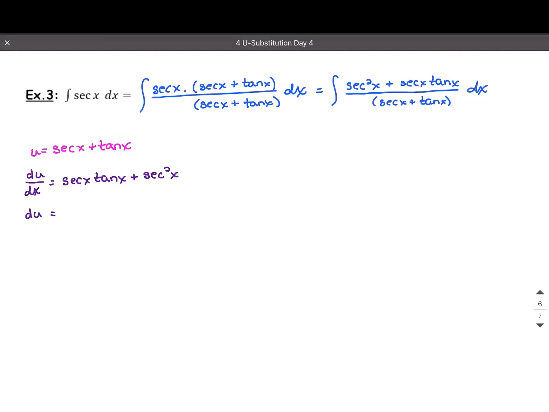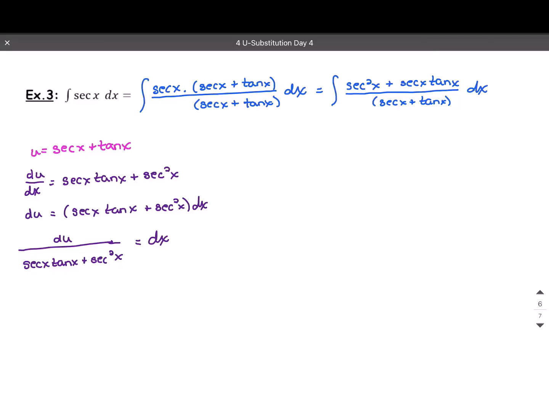Now we're going to solve for dx. So first we multiply, then we divide. So now we know dx.